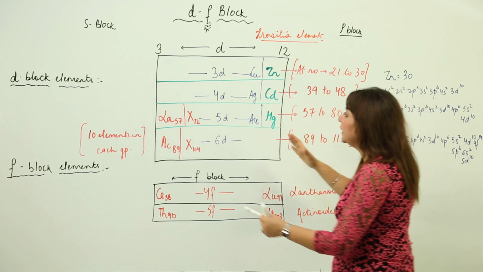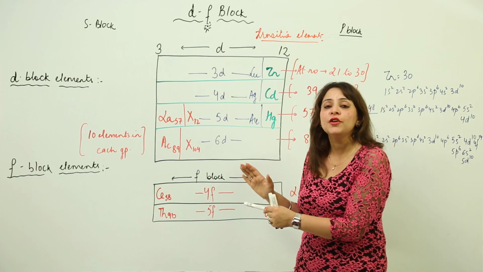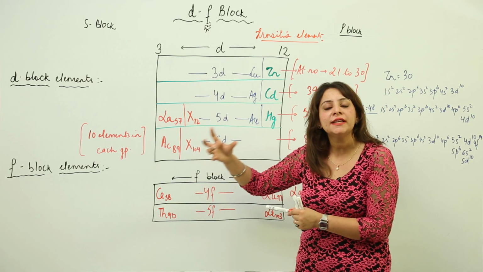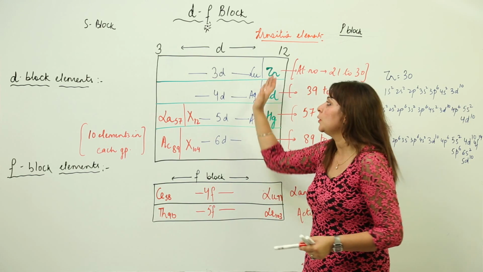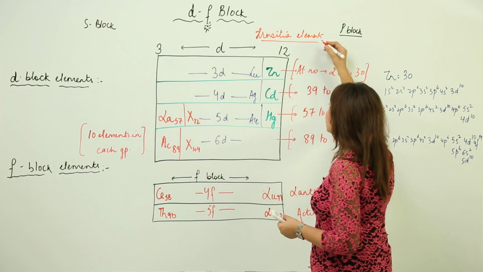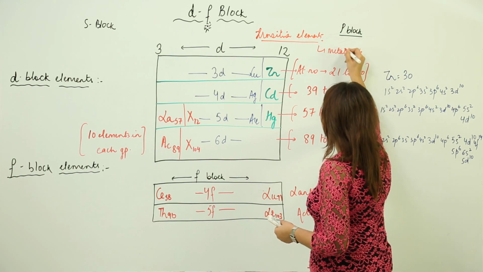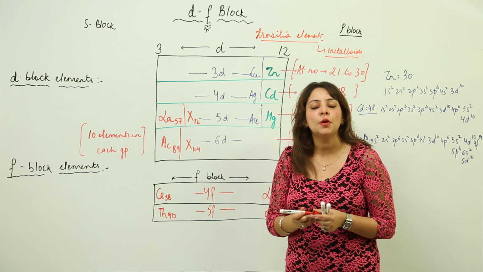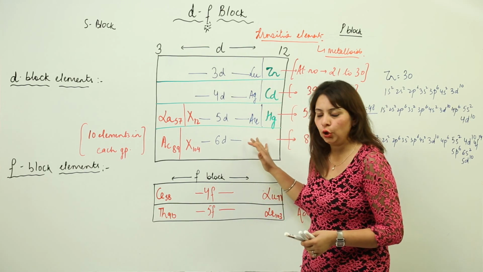So we can say that there exists a transition. That means these elements show some properties related to metals and a few related to non-metals. That is why the elements in this block are called transition elements, because they have some properties similar to metals and some similar to non-metals.